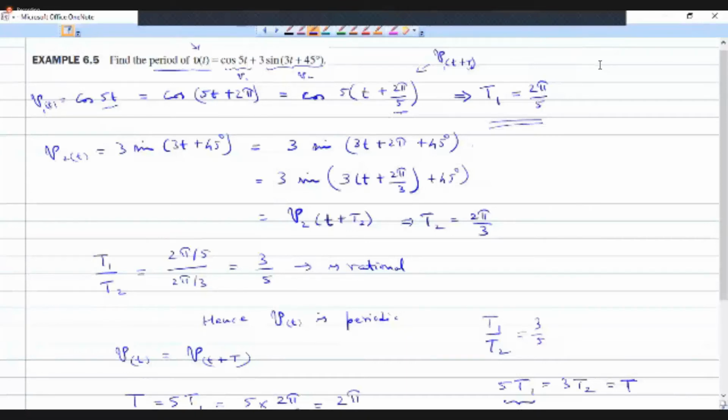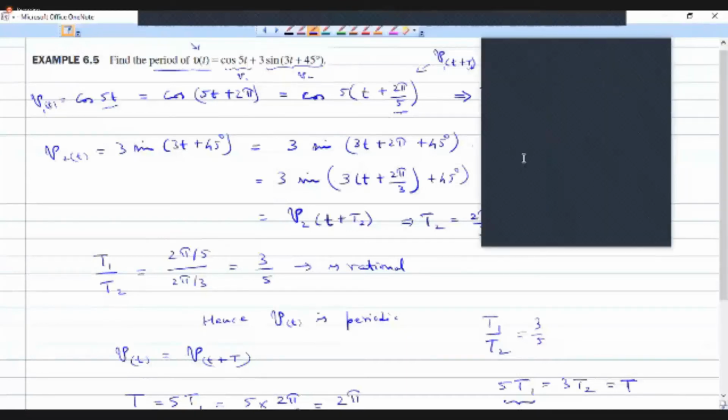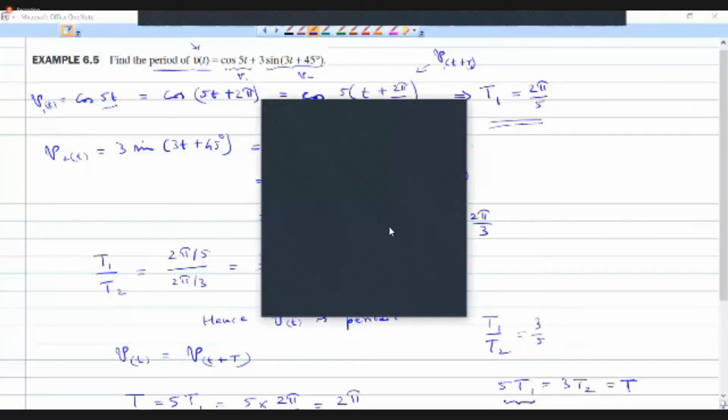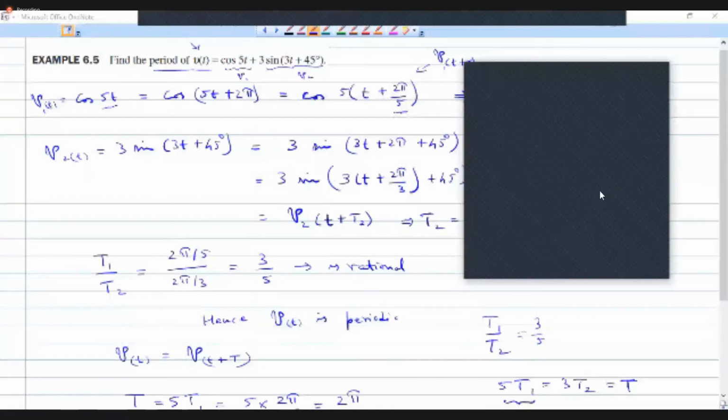Is T the common period? Akhilesh Trivedi is asking, is T the common period? Yes, capital T is the common period. So Akhilesh Trivedi, are you facing any problem in unmuting? You can ask directly, because otherwise I will get confused. Actually, I'm having noises in my house. That's why I typed the question. Because when I share the screen, I will not be notified whether any message is coming or not.